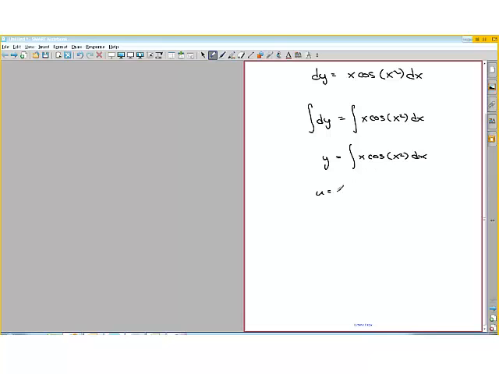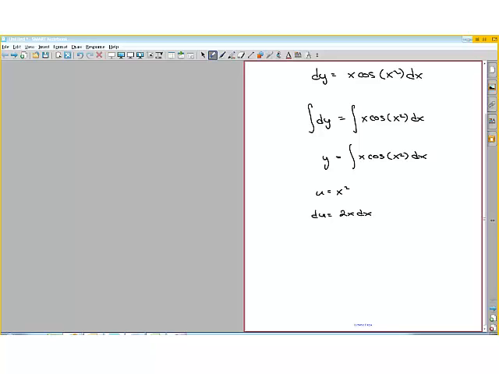If we make the substitution where the argument of the trig function is u, which is x squared, and we calculate du, we get 2x dx. We look back at the original differential equation and ask, do we have the rest of the stuff here that we can combine?